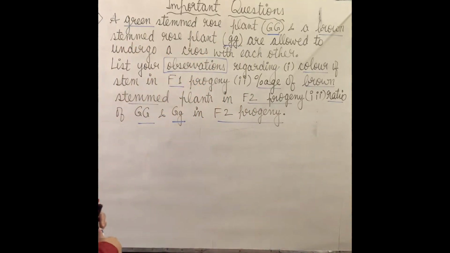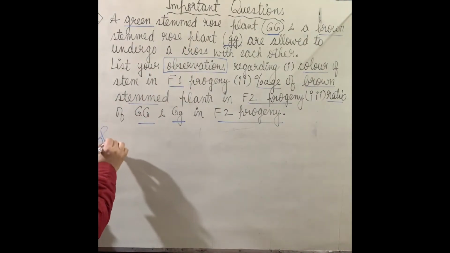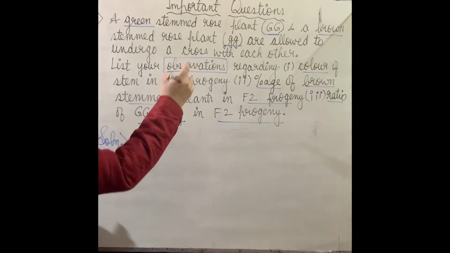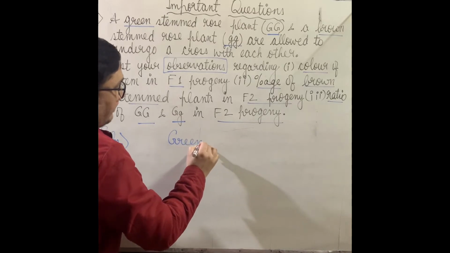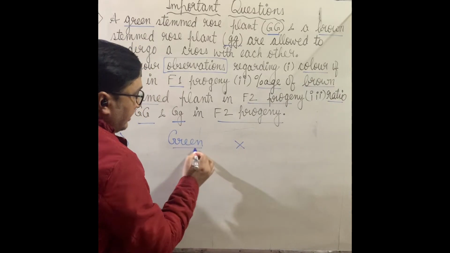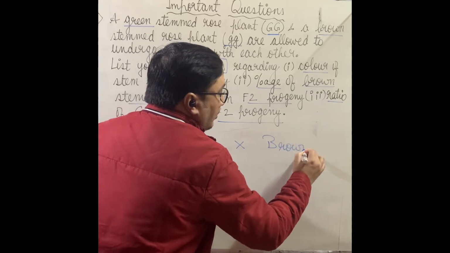Now what you have to do is that it is clearly mentioned in the solution, the genotype of green. We have taken a green stemmed rose plant crossed with a rose plant with brown stem.